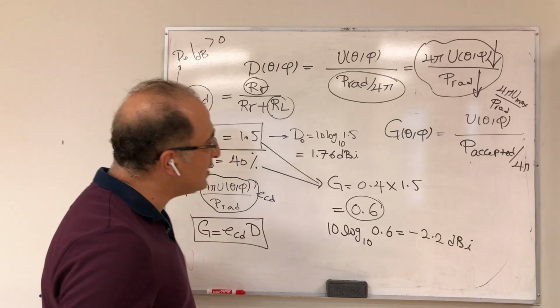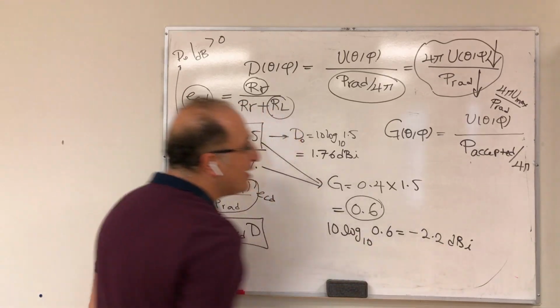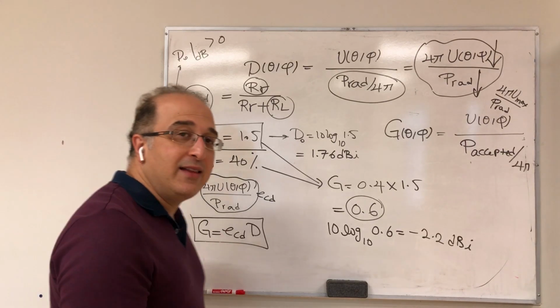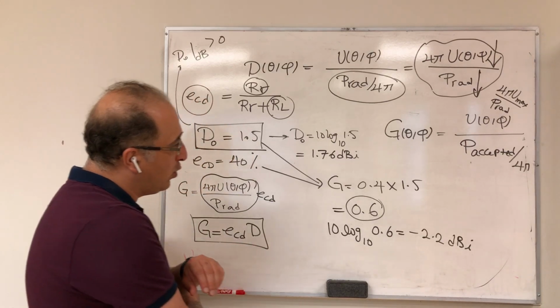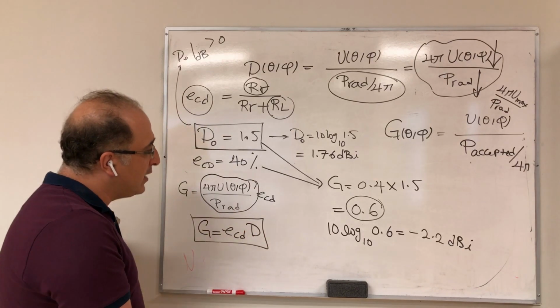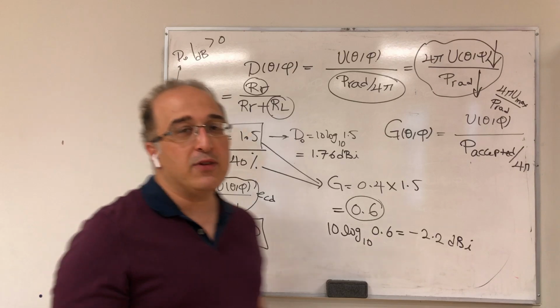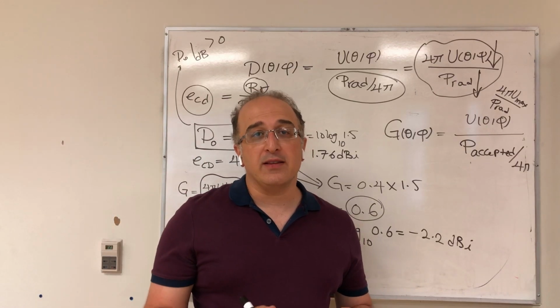But gain, that's not the case. Look at gain in dB, it's minus 2.2 dBi. So gain is in fact negative in this case. So you can appreciate the difference between these two quantities.